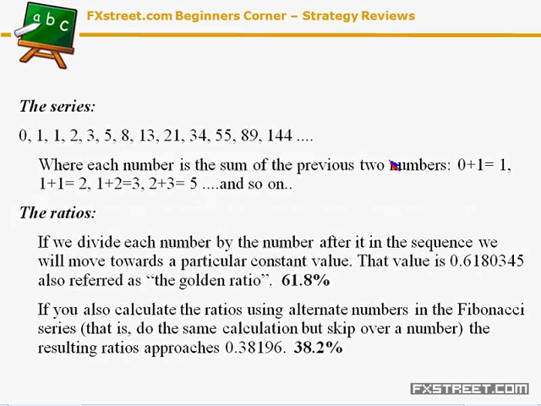Anyway, the series of numbers comes as 0, 1, 1, 2, and so on, right? You're seeing it right here. I believe you have seen it so many times along the way. But one important thing about this is that many traders choose to use these numbers for their moving averages, right?